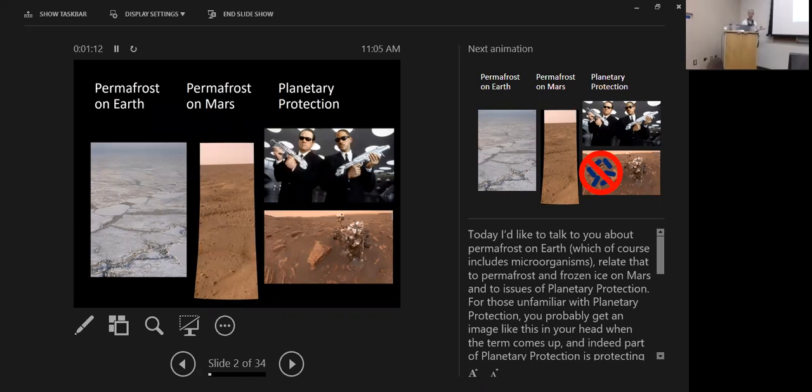Now, if you're unfamiliar with planetary protection, you might get a picture of these guys in your head when I say those two words. And indeed, part of planetary protection is protecting the Earth from any potential harmful impact of potential extraterrestrial organisms, okay? But the other half of it is protecting the other planets and bodies in our solar system from Earth microorganisms.